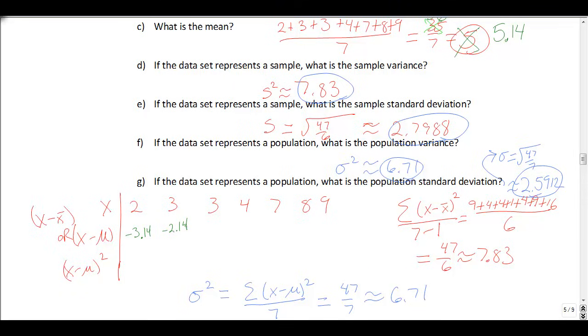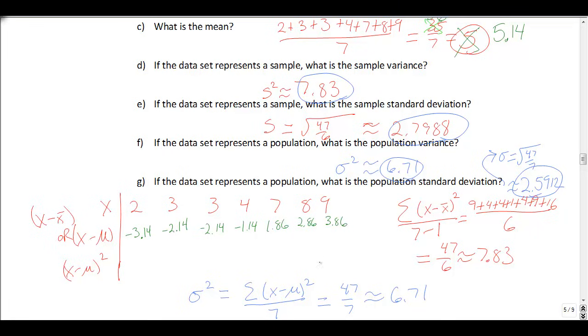Is that right? 2 minus 5.14. Let's see, so it's the same thing. Yeah, that should work out. Okay, and then 5.13 minus 5.14, another negative 2.14. Can give me negative 1.14. Now 7 minus 5.14 is going to be 1.86. 8 minus 5.14 is 2.86. 9 minus 5.14 is 3.86.